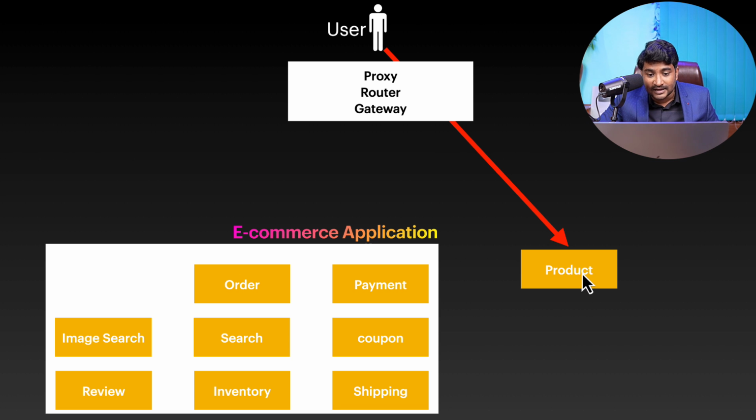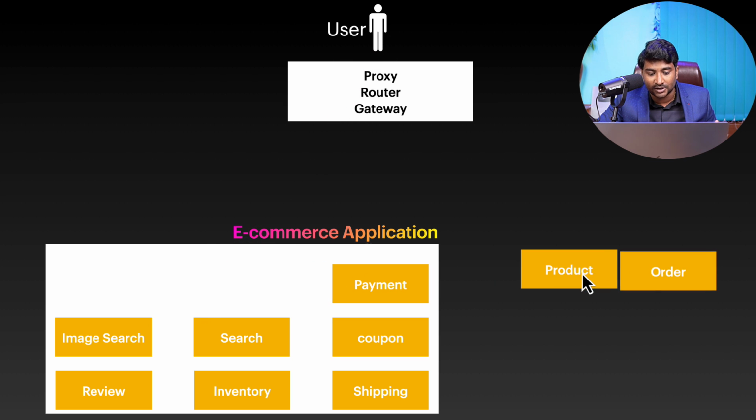Previously, when our user was hitting the order service, the user request used to come to this monolithic application. But eventually, we'll take this order module to a different microservice, and we'll make sure that when the user now hits the order request, it will be served via our new microservice.